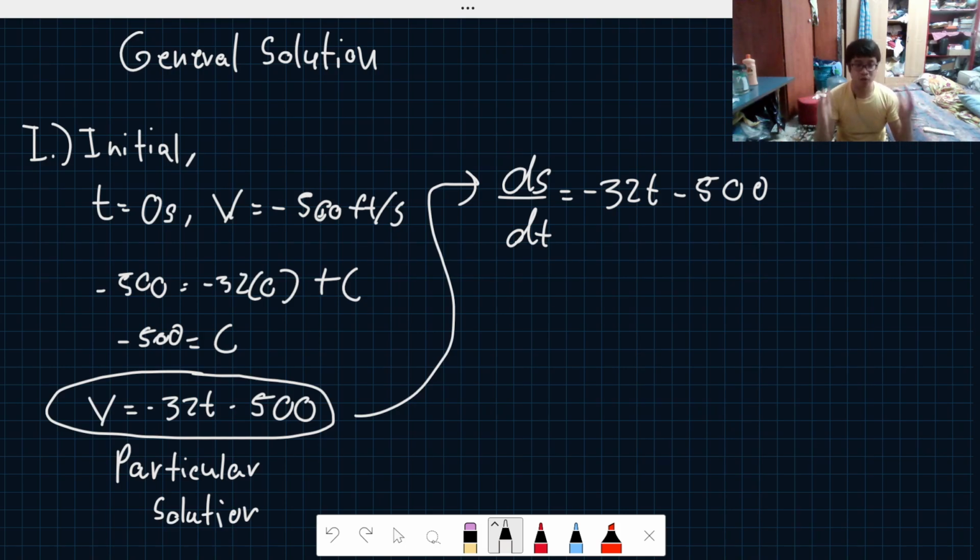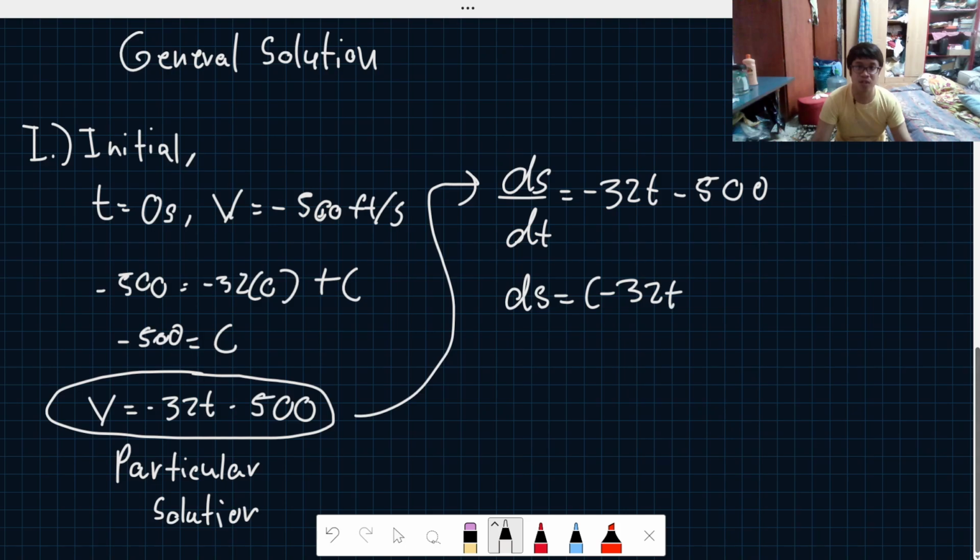Group all the terms, either constant term, s variable, or both, into ds and group all the constant terms, t variable, or both, to dt. So I'm going to put dt beside here. So I will have ds is equal to quantity negative 32t minus 500 dt.